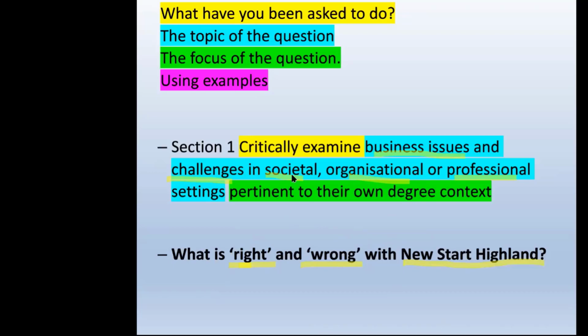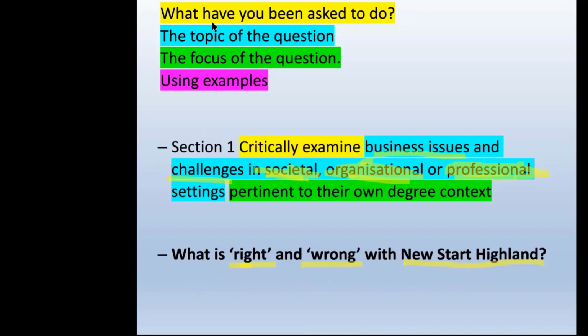And the other thing is, of course, that these are things that are happening externally and societal, things that are happening to the organization itself, and then things that are happening to the professionals or the staff within it. What are the staff issues? What are the organizational issues? And what are the external forces, challenges, etc. Okay, so once I've written this section, basically it's going to tell me what's right and wrong with it.